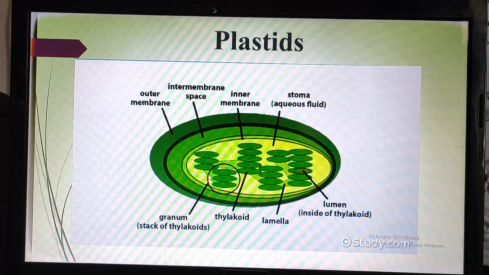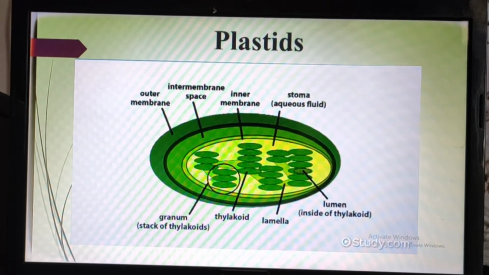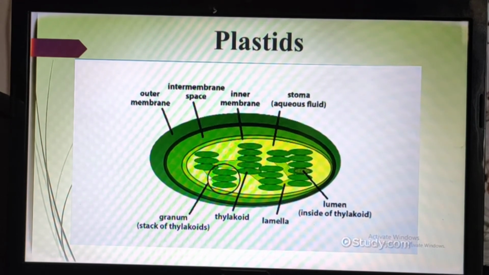Now in this diagram you will see the stroma, lumen, lamella, thylakoid, granum, etc. So this inner membrane has chlorophyll and it is less permeable, but it is permeable.